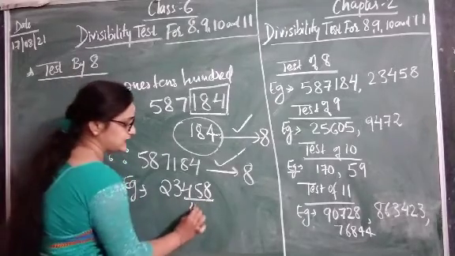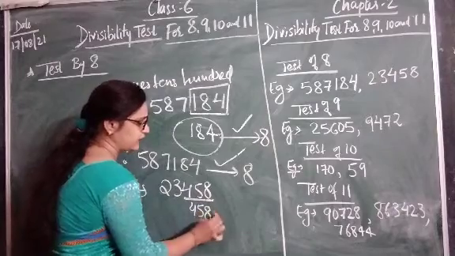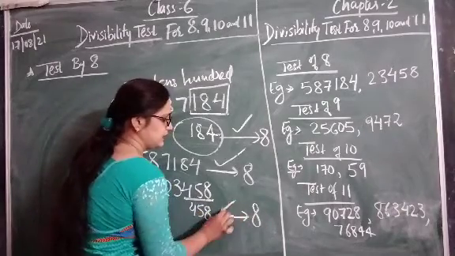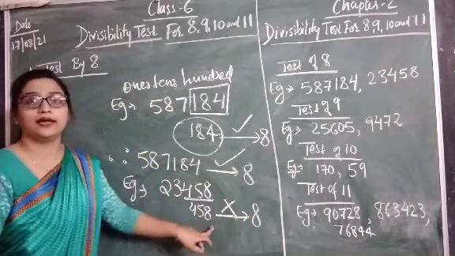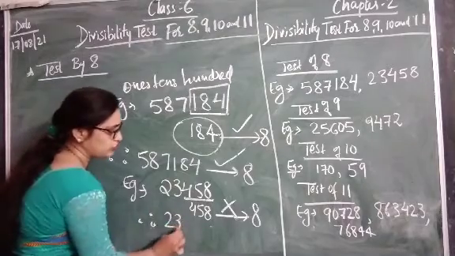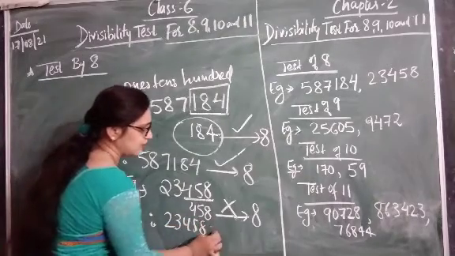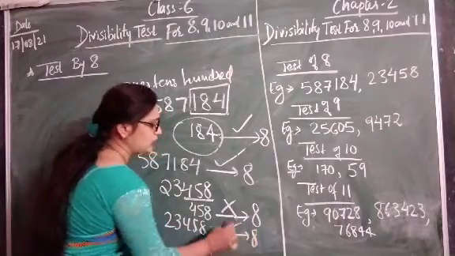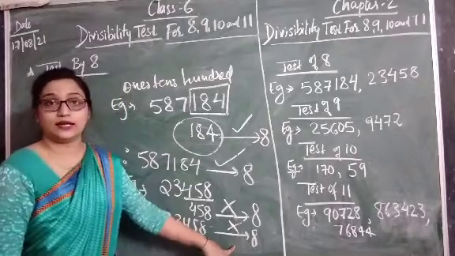That means we can say that this 458 is not divisible by 8. Therefore, the number given 23458 is also not divisible by 8.